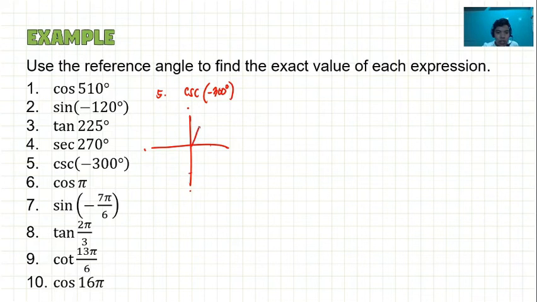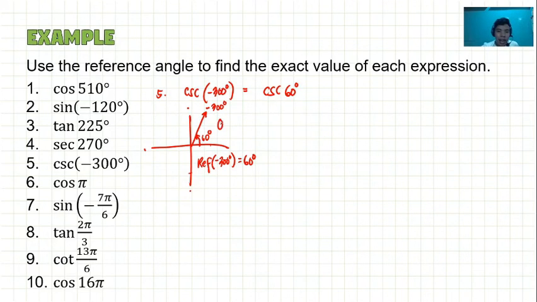So this is now 270, then 30. So we have negative 300 degrees. So therefore, this angle here is the reference angle, and that is 60 degrees. So reference angle of negative 300 degrees is 60 degrees. So from that, we now have cosecant negative 300 degrees, so yung reference will be 60 degrees.